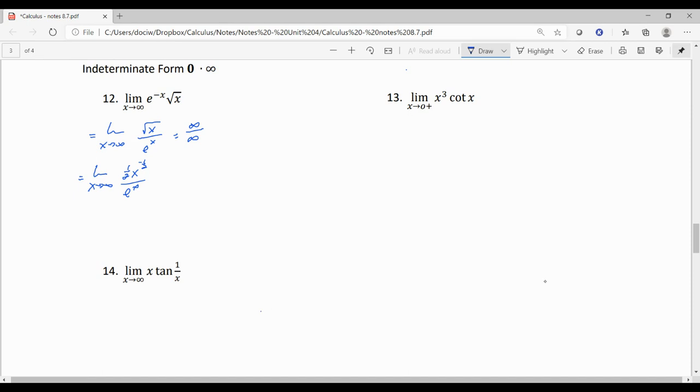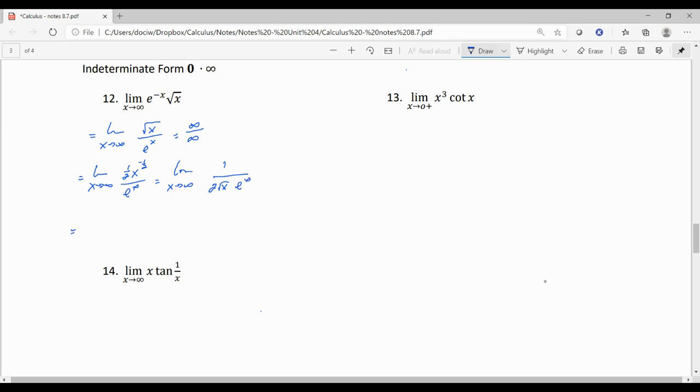So now, the limit as x approaches infinity of 1 over 2 times the square root of x times e to the x.